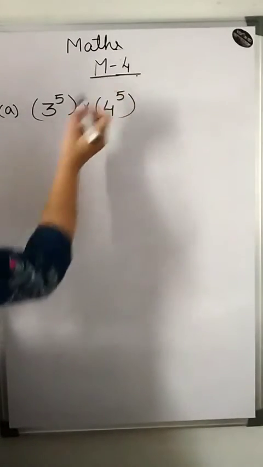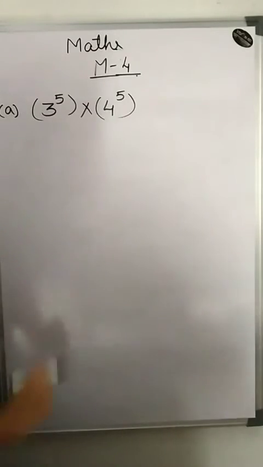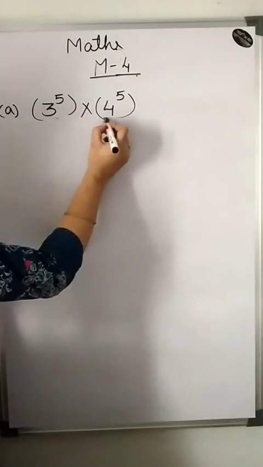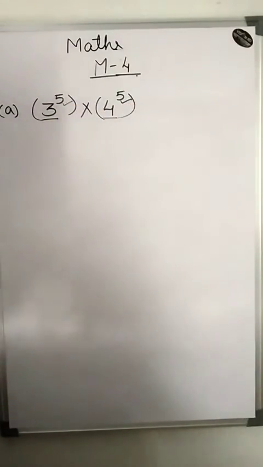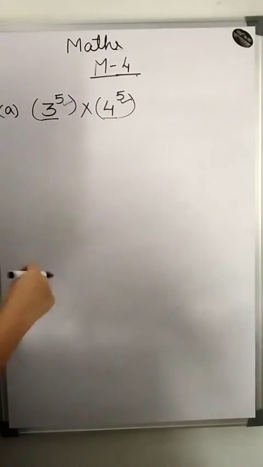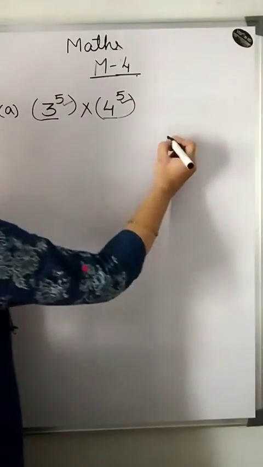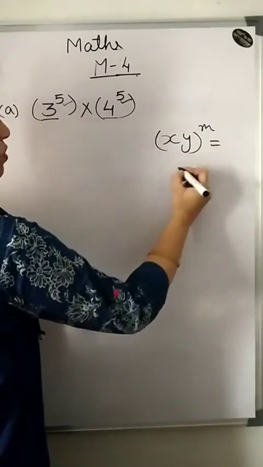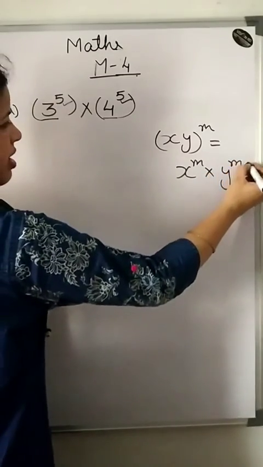Okay, module number 4: 3 to the power 5 multiply 4 to the power 5. Then how do we calculate this one? Here these bases are different, but the powers are same. I gave you one formula, that is, xy to the power m is equivalent to x to the power m multiply y to the power m.